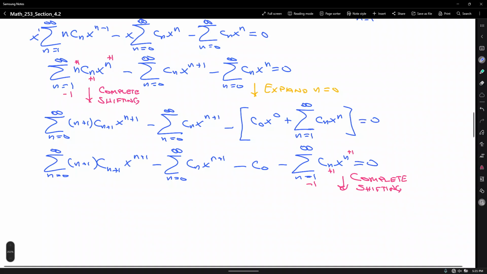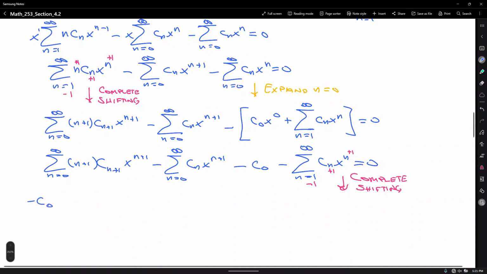This term right here, guys, be careful. That negative C0 is not part of any of the series in sigma notation. It's an independent term. When we have something like that, we would like to write those at the very beginning.